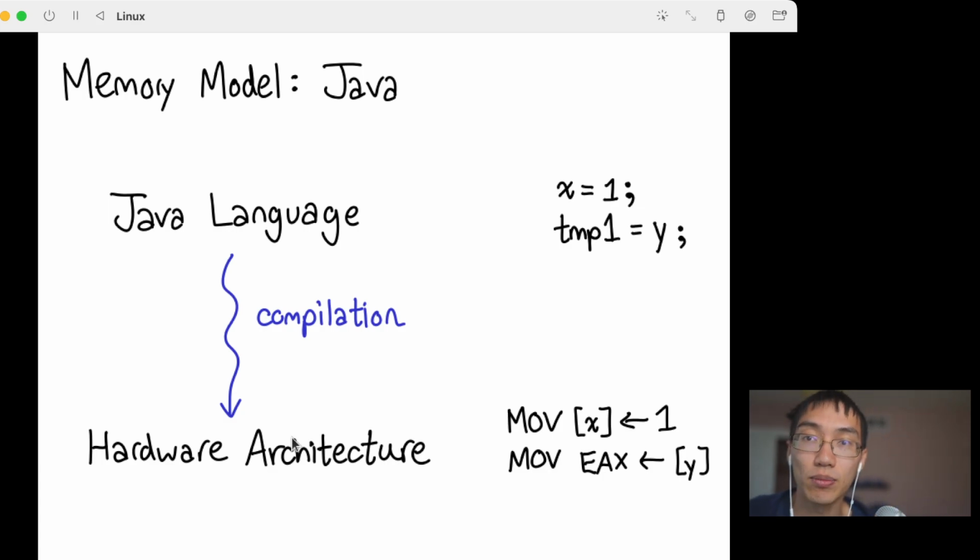And this compilation process can also result in observable differences when I run code concurrently, right? I can, for example, eliminate a store to a variable because it's never used anymore. That store might actually have been visible from another thread, but because it's not used, I got rid of it, and now the store is no longer visible. So a language also needs to provide a memory model in this situation.